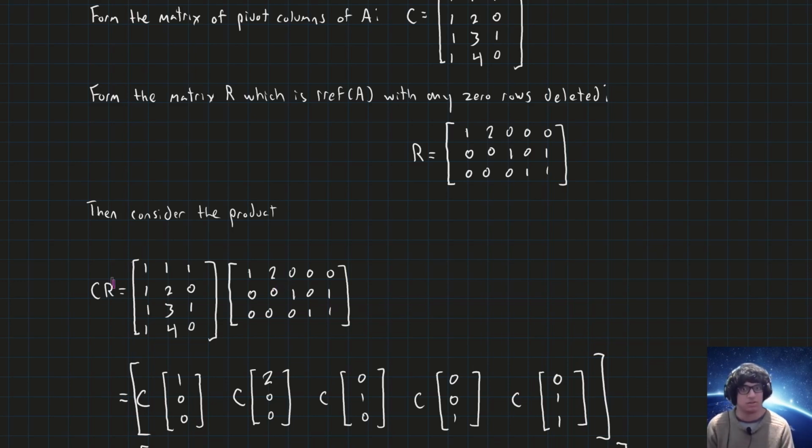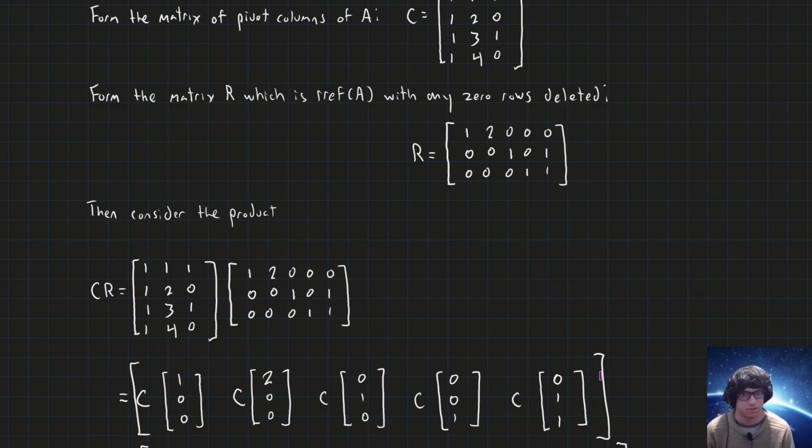The first column of CR is just going to be C times the first column of R. The second column of CR is going to be C, this whole matrix, times the second column of R, and so on. That's how we'll get our 5 columns.